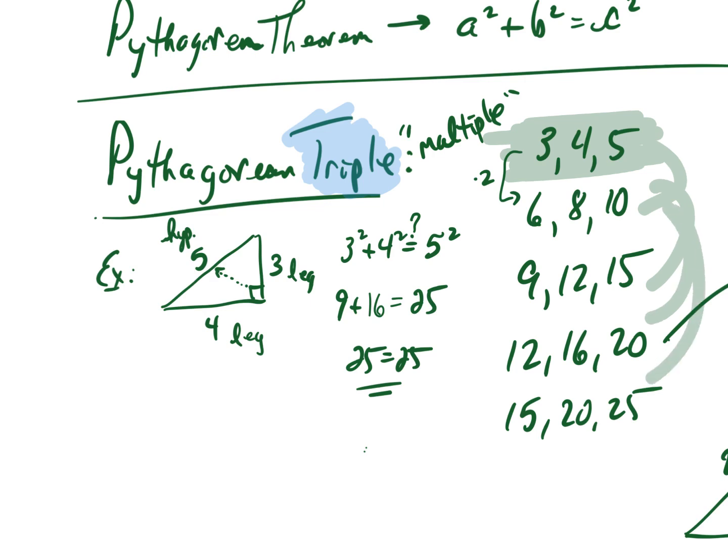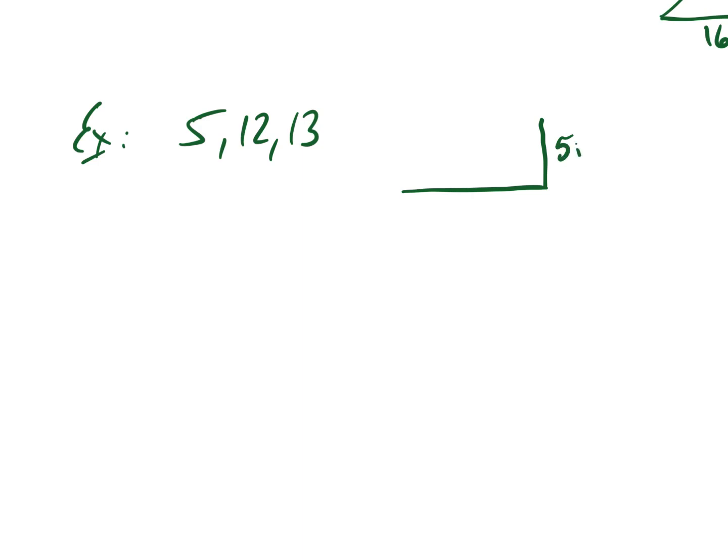Okay? As an example, here's another Pythagorean triple: 5, 12, and 13. If you create a triangle with, let's say, a 5-inch side, a 12-inch side, and a 13-inch side, guaranteed that it's going to be a right triangle.